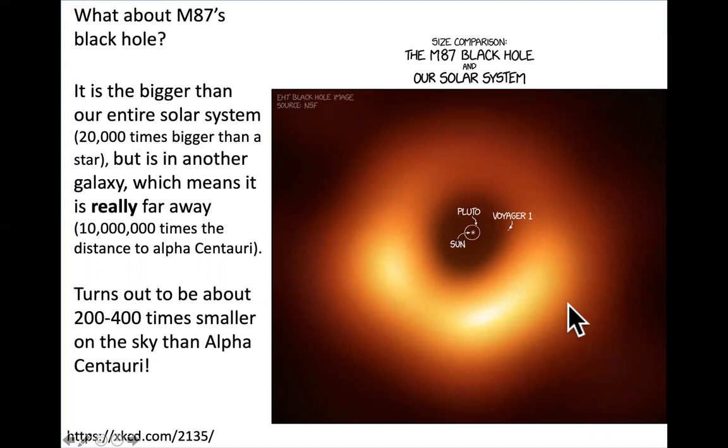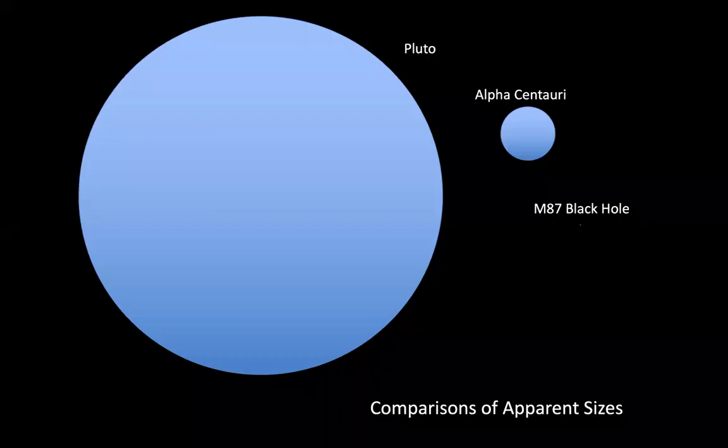It is ridiculously high resolution. To give you, again, a kind of impression of this, this is showing the relative sizes on the sky of Pluto, shown here, Alpha Centauri, shown here, and the black hole in the middle of the galaxy M87, which is barely showing up as a dot.